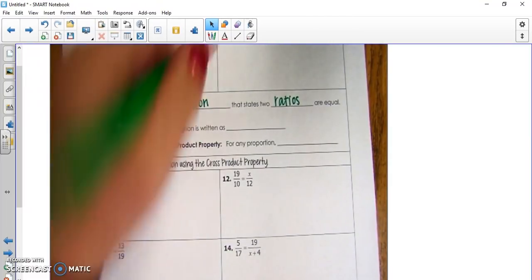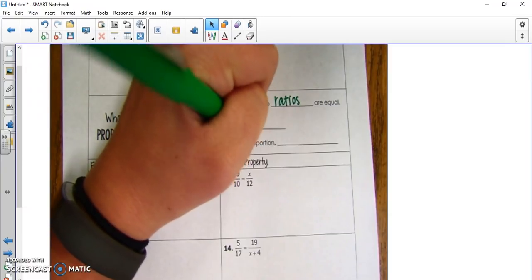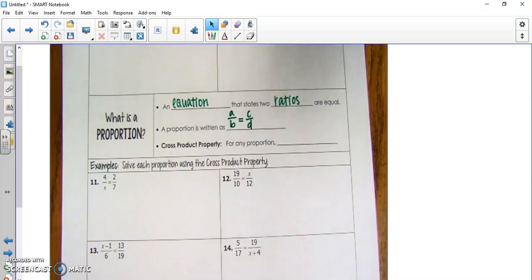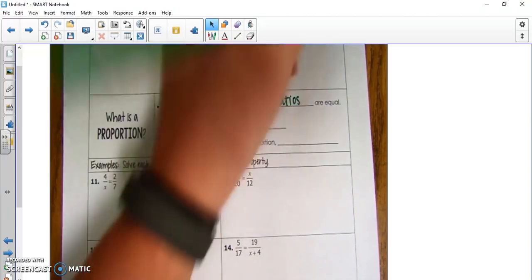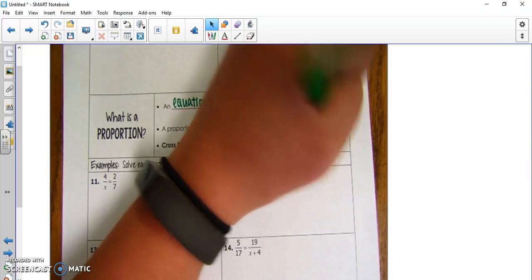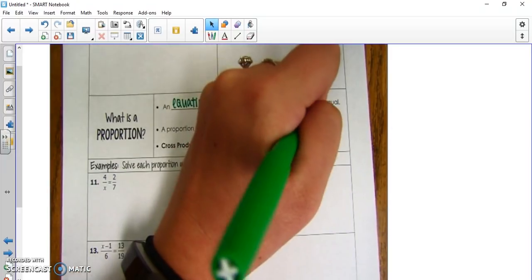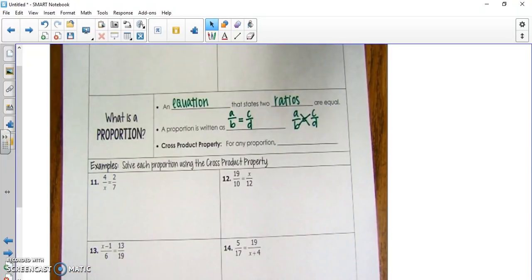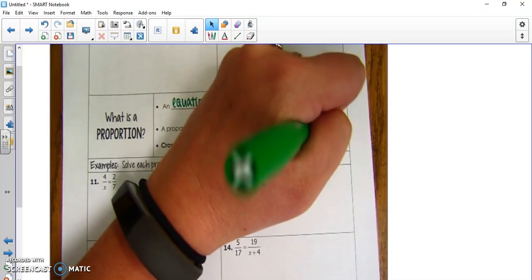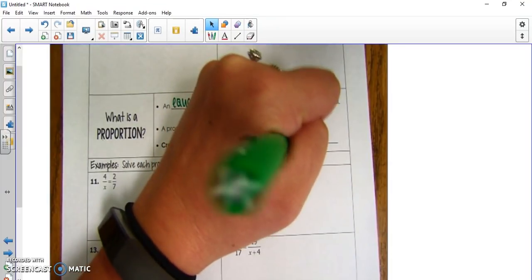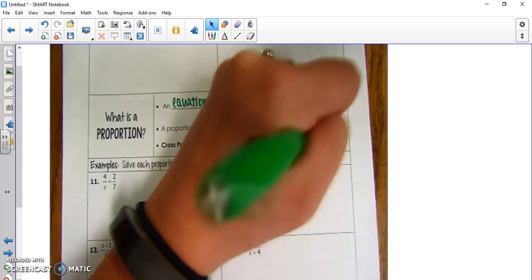So when we write a proportion, we're going to have A over B equals C over D. So when we have our cross product property, we have A over B equals C over D. So we need to cross multiply these two. So we're going to multiply A times D and B times C. So we can write that here. So A times D is going to be equal to B times C.